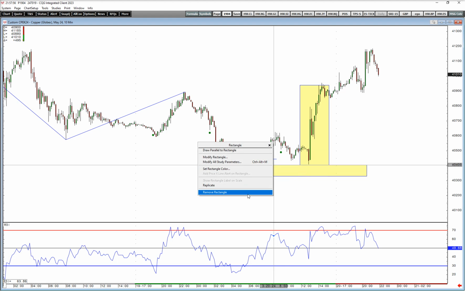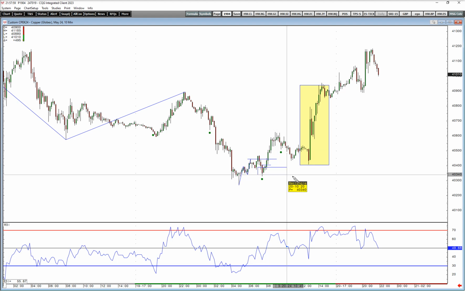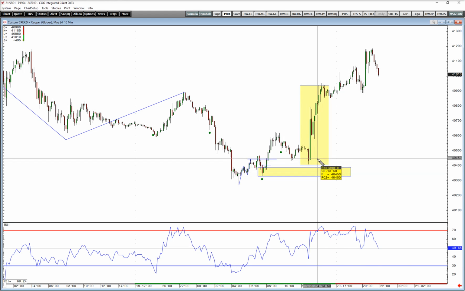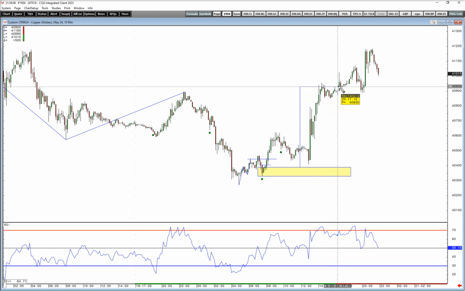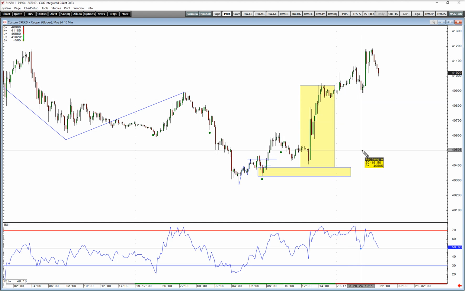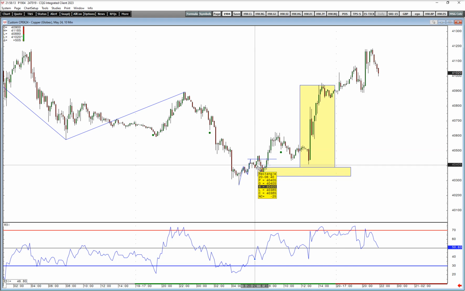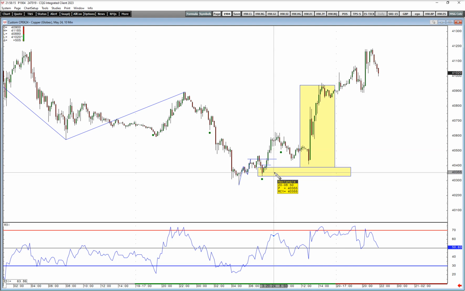The entry would be there to here, and the gain was here to here, and that works out to a little over 9R. And that's the trade we took. That's the trade we called.